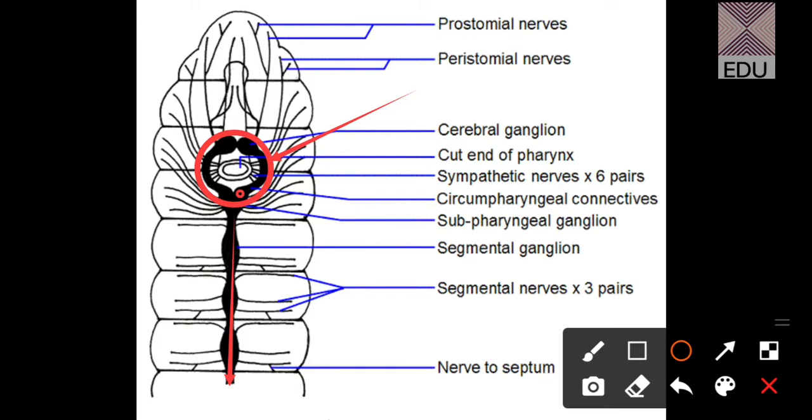Now, a very important thing is that this ring starts from the third segment. If we take that this is the first segment, this is the second segment, and this is the third segment, this ring starts with the third segment of the earthworm. That's why we put the pin in the first or second segment while dissecting for the nervous system.